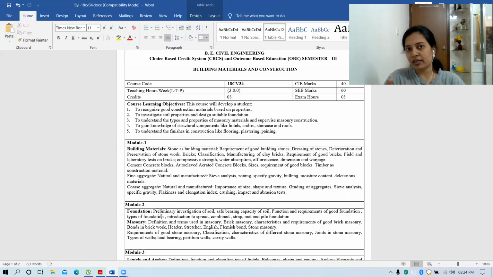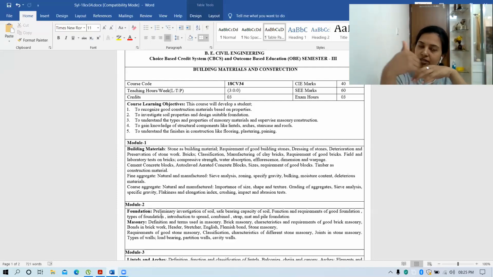What is masonry? It is the way of constructing a wall or anything using building blocks. What are the building blocks? They can be of stone, bricks, concrete blocks, etc. It is the skill of joining the building materials and framing a wall.